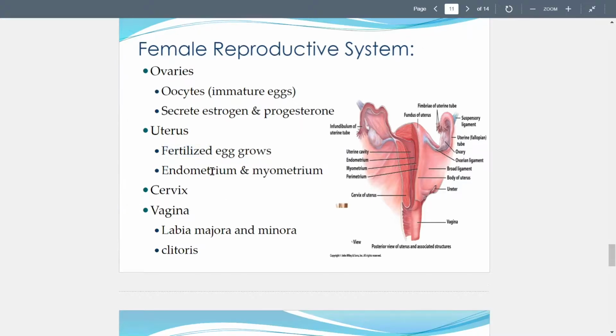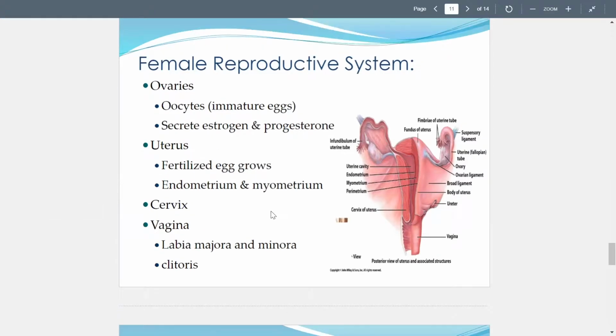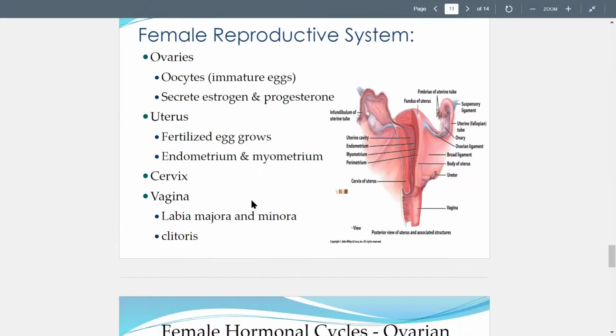This is where the endometrium and myometrium are, and the endometrium is the lining of the uterus. There's the cervix, which allows the baby to exit, but you don't really have to know that. It's more of a general thing.